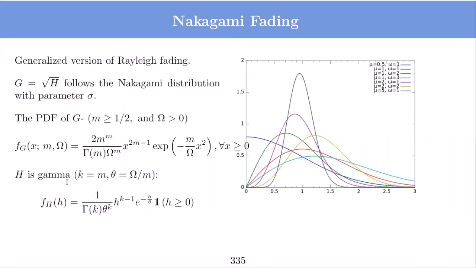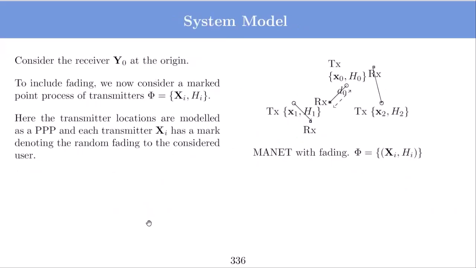And Nakagami fading can very well approximate Rician fading and other complex fadings. So many times we approximate the actual fading using Nakagami fading to get some tractable results, because these expressions are tractable while the Rician fading expressions are a little bit difficult.